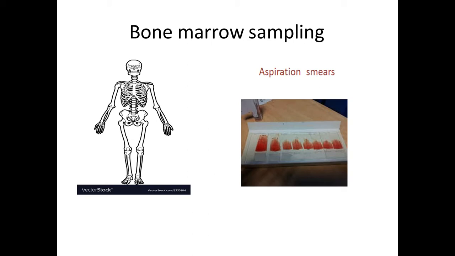So, where is this bone marrow situated? In an adult, the bone marrow is situated in few flat bones, that is sternum, which is there in the anterior part of the chest. You can have bone marrow in ilium or pelvis.